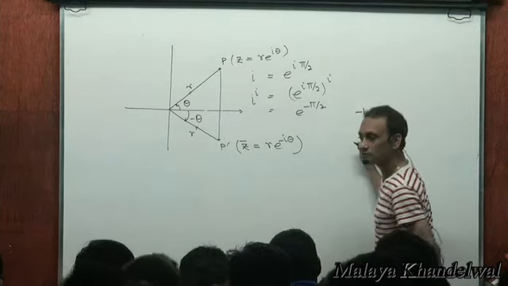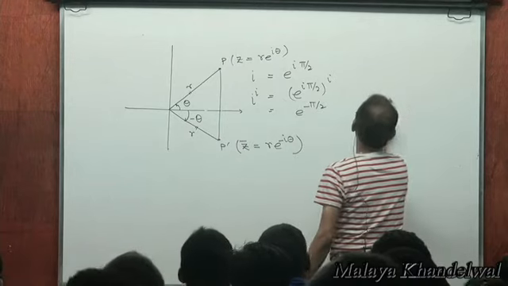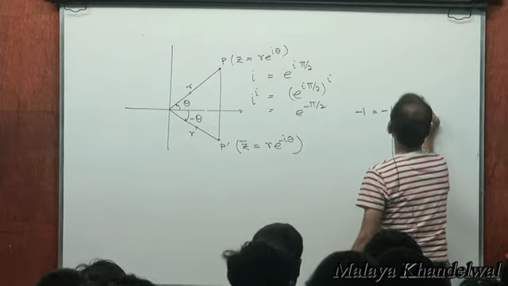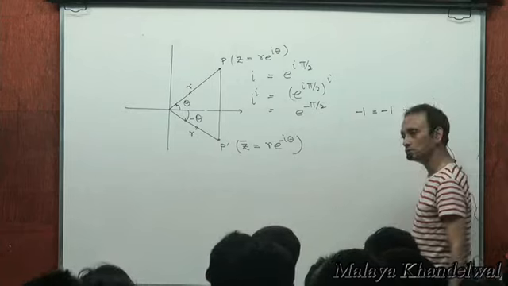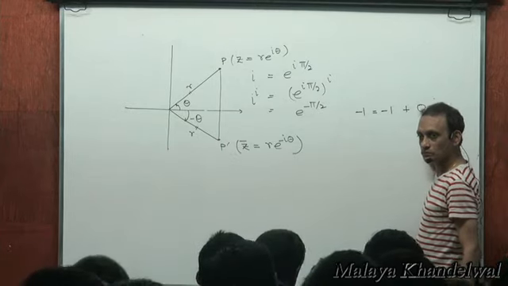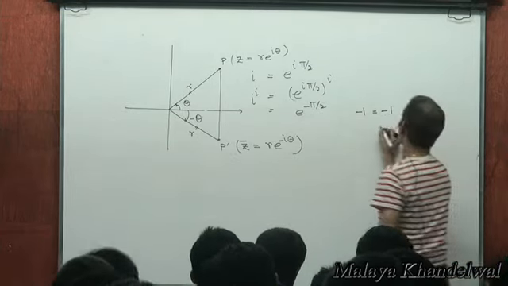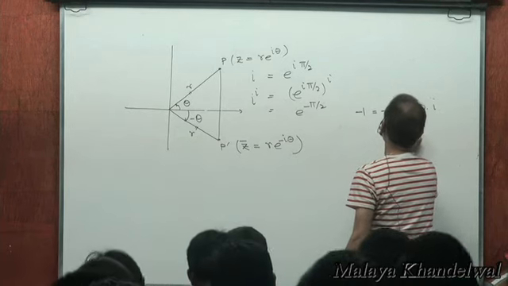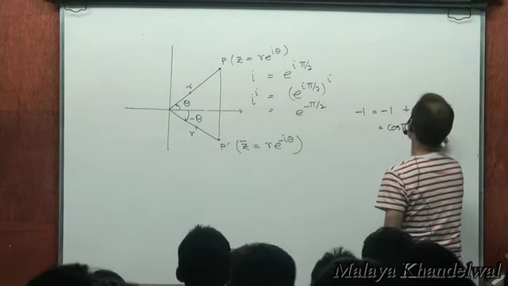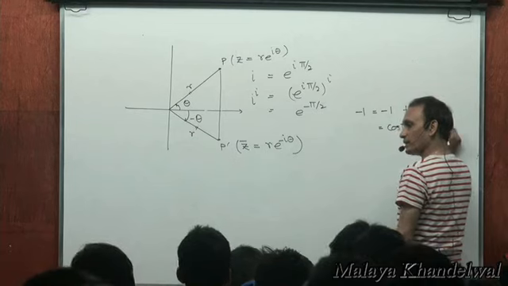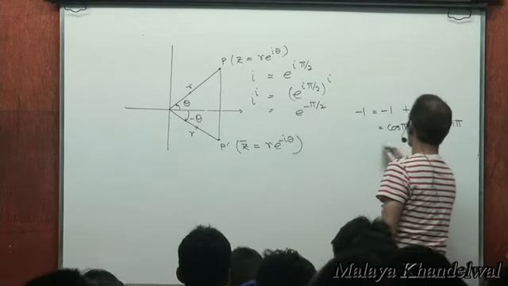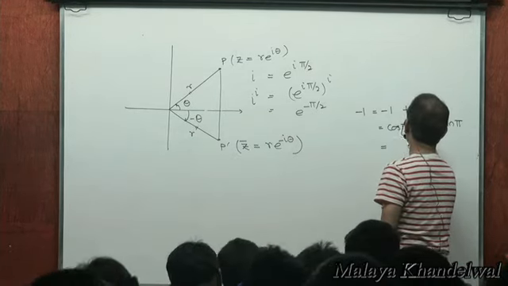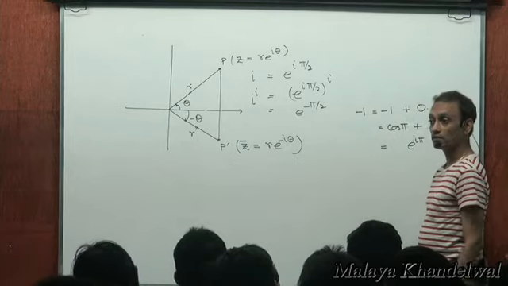Minus 1 is like minus 1 plus 0 into i, which is cos pi plus i sin pi, which is e power i pi.